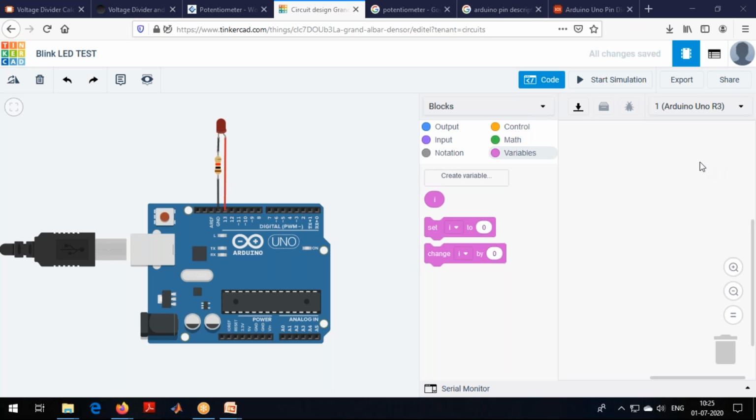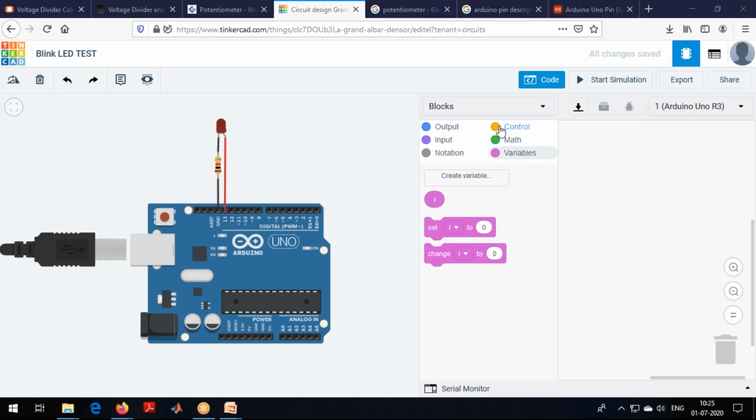Can you just say whether this LED is output or input? Output.